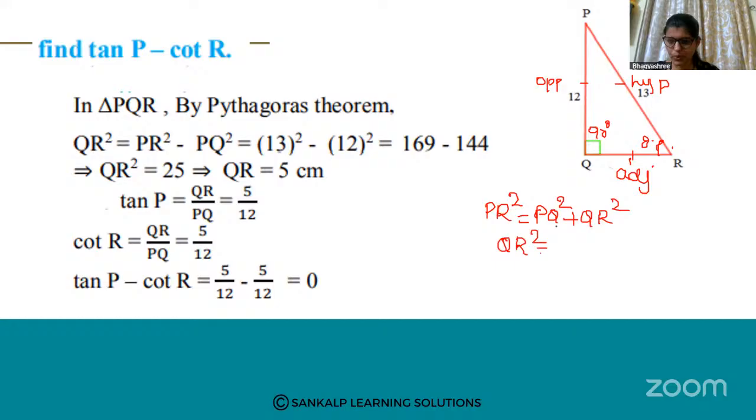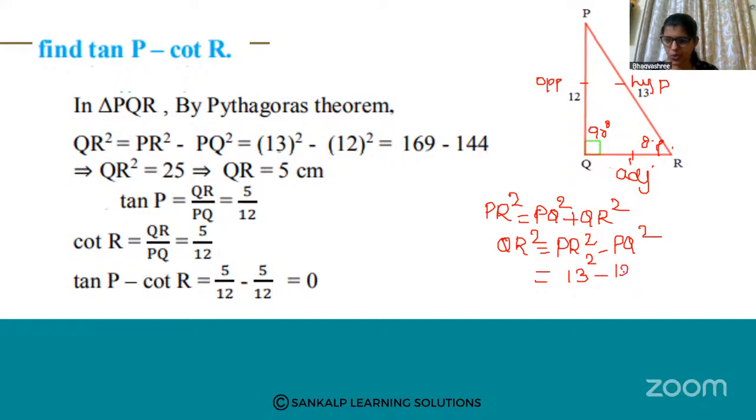So QR square is equal to PR square, transfer this PQ to this side, minus PQ square. PR is 13, so 13 square minus PQ square.